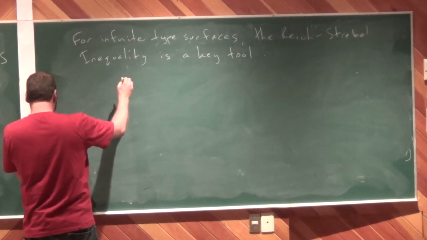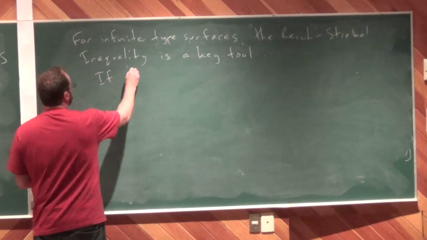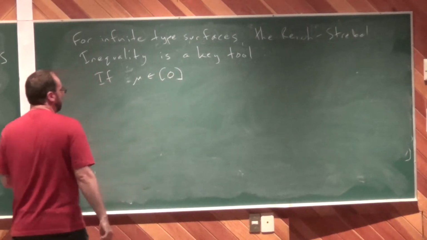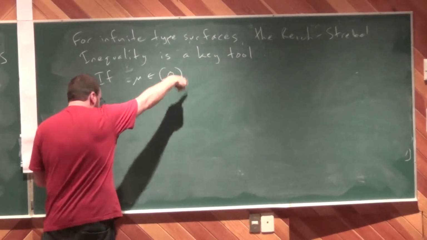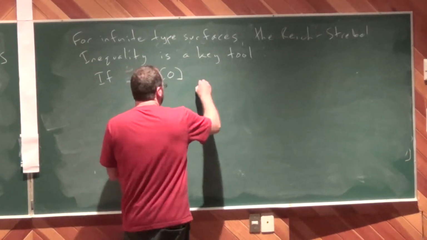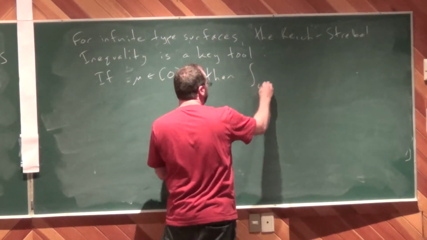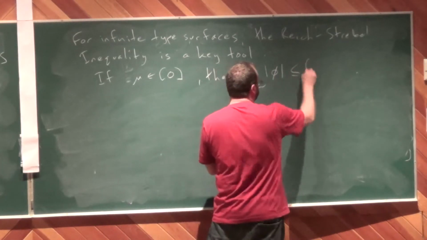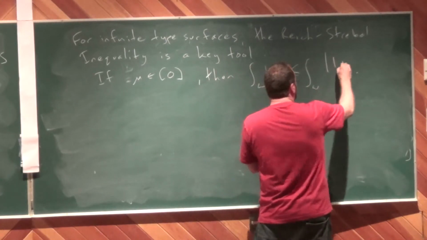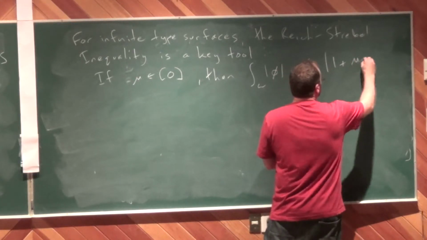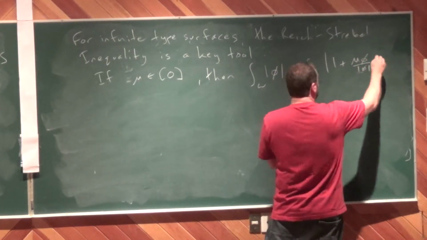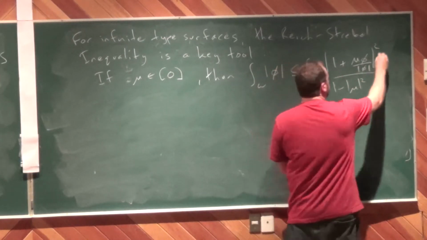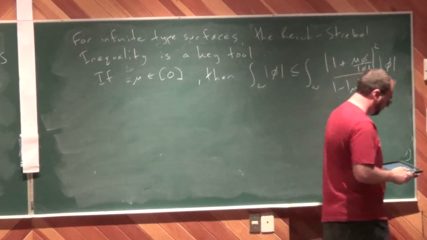But it says that if mu is in the base point of Teichmüller space, then the L1 norm of phi is less than or equal to the integral over omega of (1 plus mu phi over |phi|) all squared, divided by 1 minus |mu| squared, times the absolute value of phi.